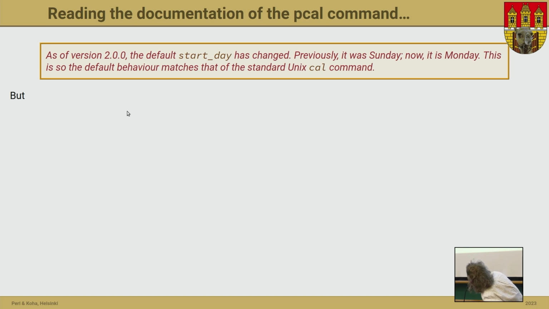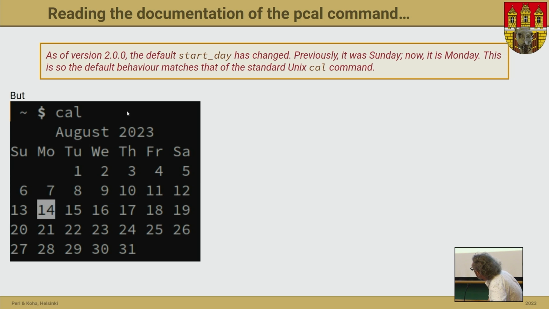But it mentions that the week starts on Monday by default, which sounded kind of strange to me. I'm from Europe, but I usually use the US locale on my machine. So I tried, and really, the week starts with Sunday and not Monday.